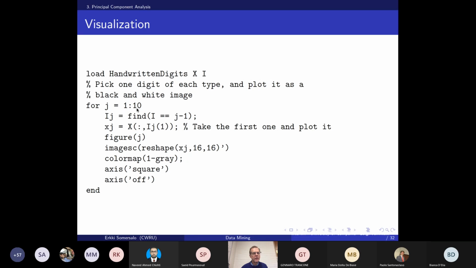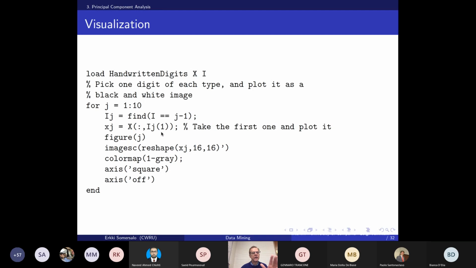My j is running from 1 to 10, where 1 corresponds to 0, and 10 corresponds to 9. I'm first identifying the index vector of digits that represent the jth digit, and then I'm taking the first one here.